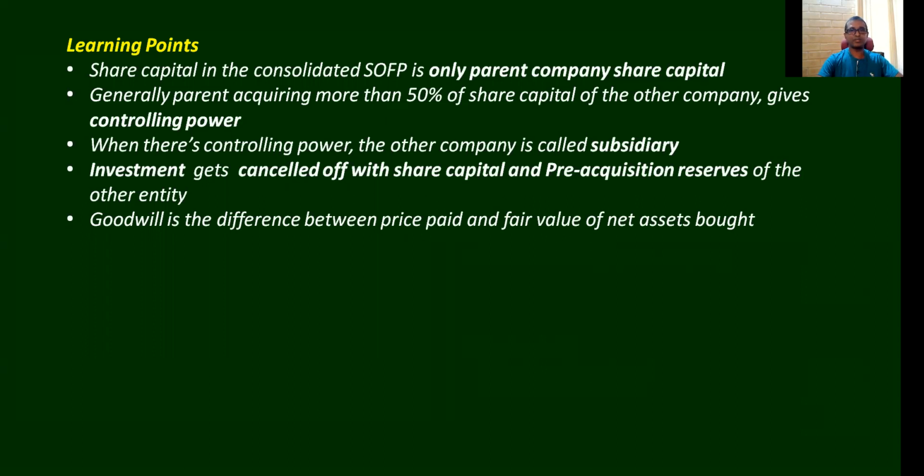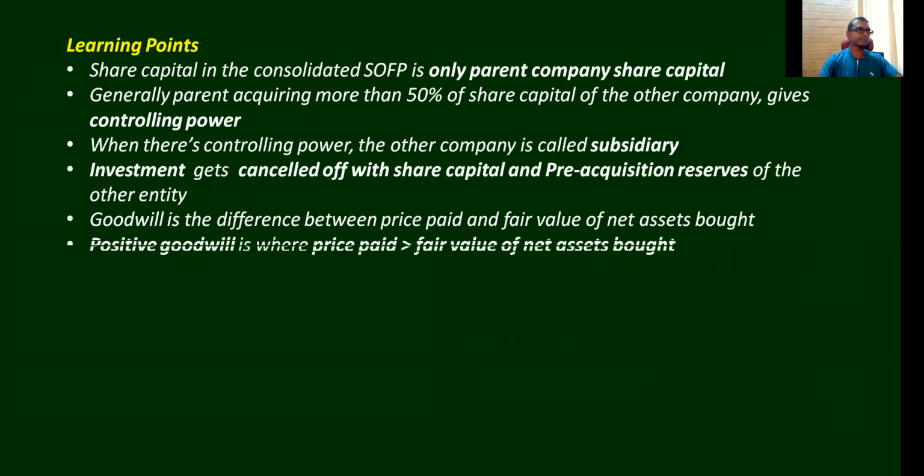The difference between price paid and the fair value of net assets. Net assets means equity. That's the goodwill. So if you have paid 40,000 and the other company has 30,000 net assets, 10,000 goodwill. Or if you have paid 35,000, the other company has 30,000, 5,000 goodwill.